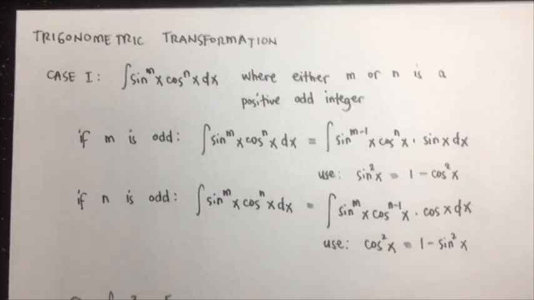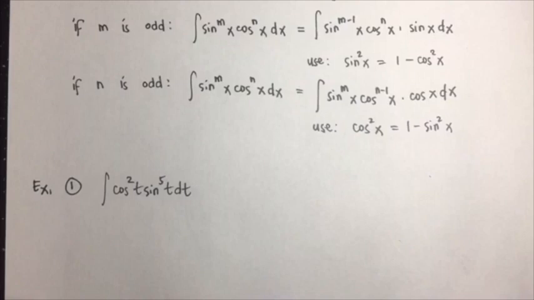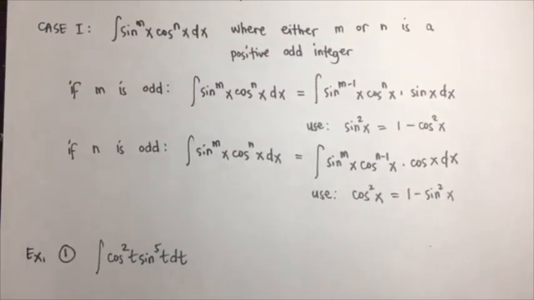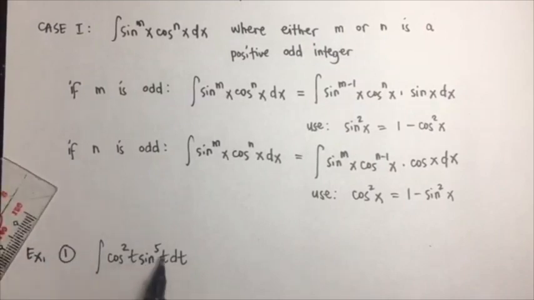To illustrate that, let's have an example. We have the integral of cosine squared t sine to the 5th of t dt. As you can see, that is case 1, since one of the exponents is a positive odd integer.